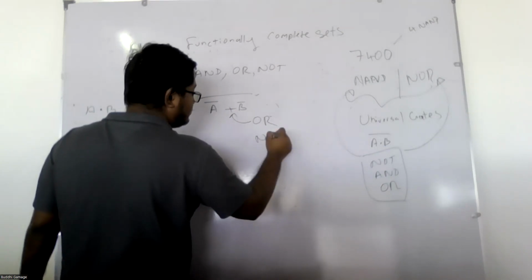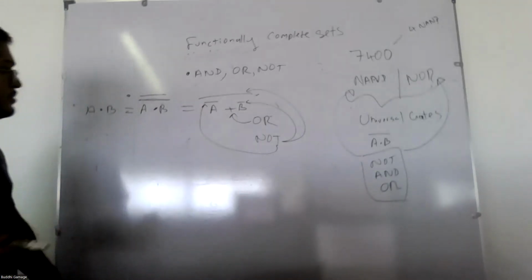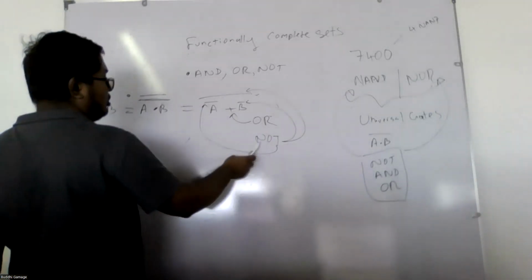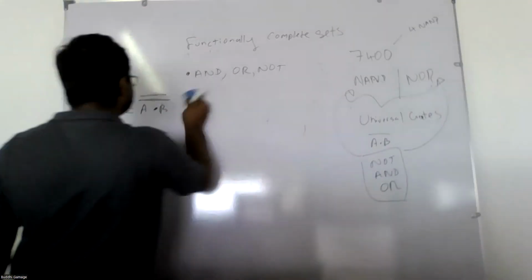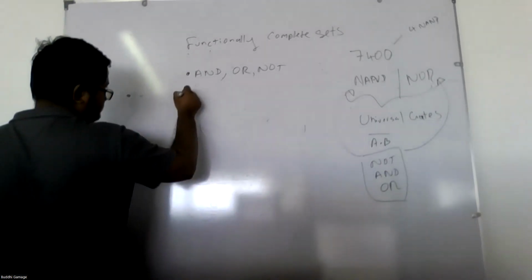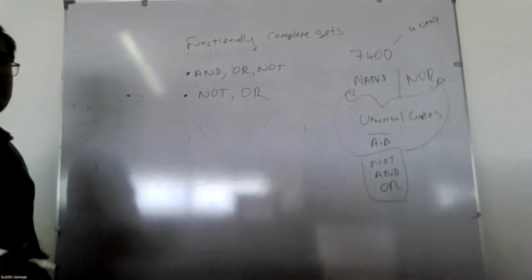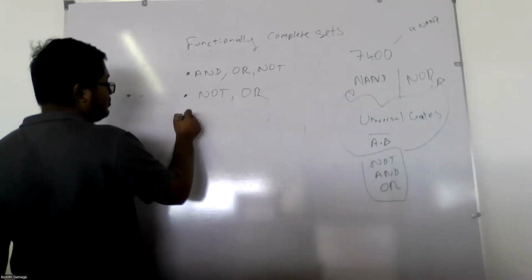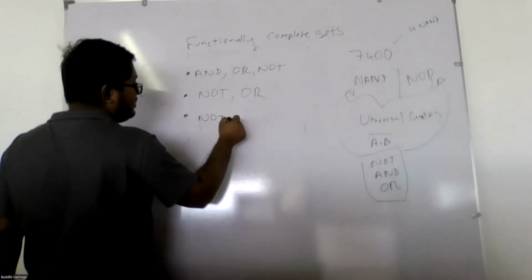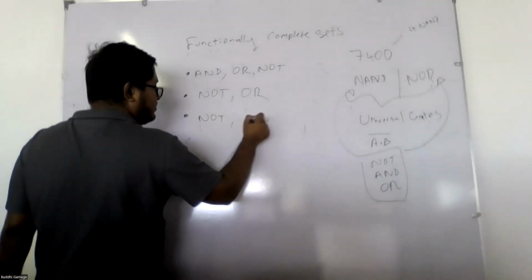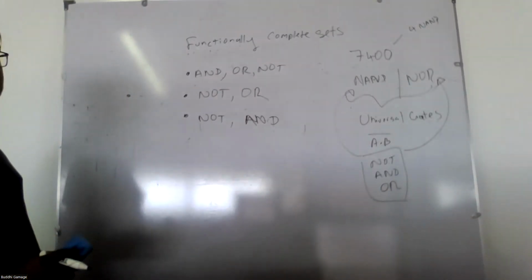What that means is that NOT and OR is also another functionally complete set. And we can do the same for the OR gate as well. That means NOT and AND gate will also be another functionally complete set.